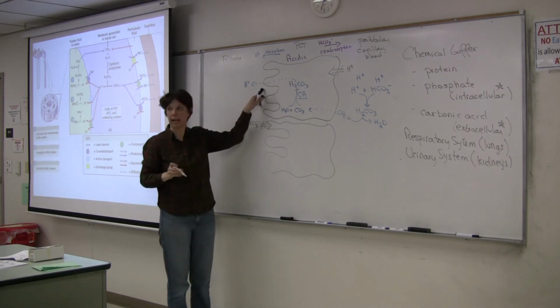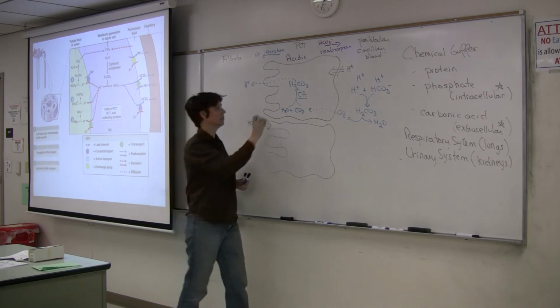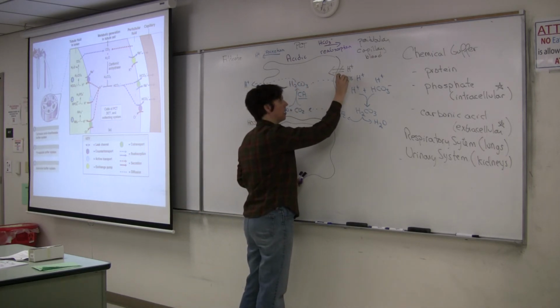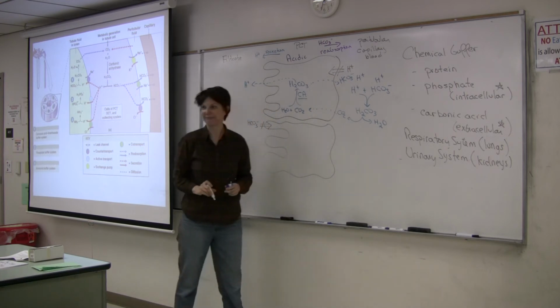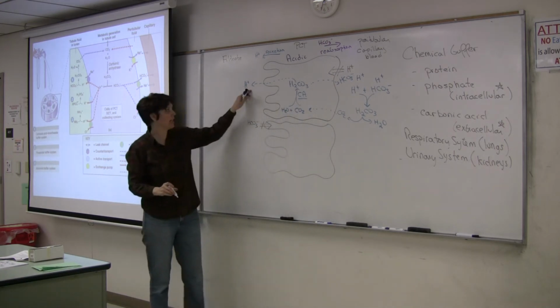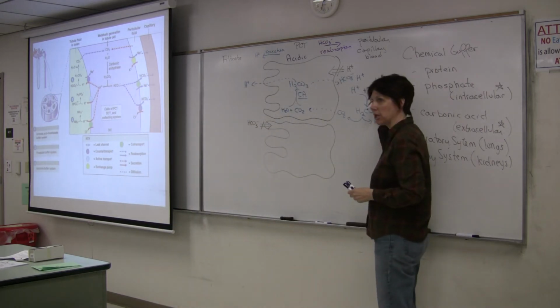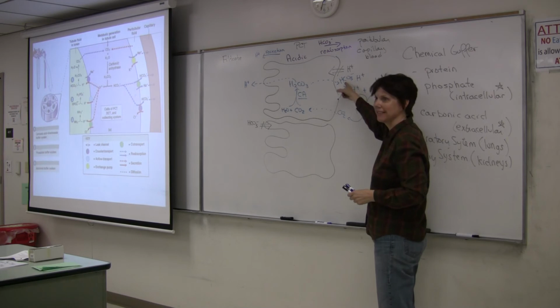Hydrogen ions can cross our apical membrane, and the bicarbonate ion returns to the blood. So now we've added hydrogen ions, but our bicarbonate levels stay the same because this bicarbonate that we used is returned to us.